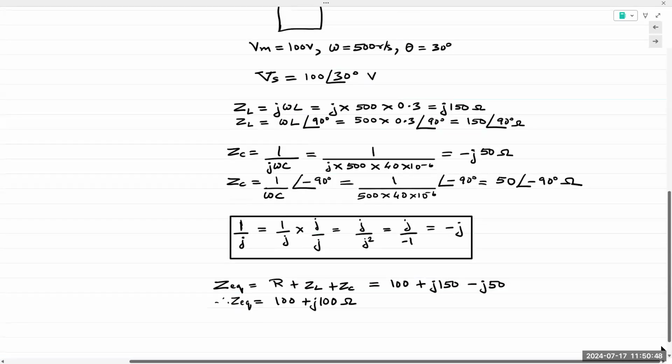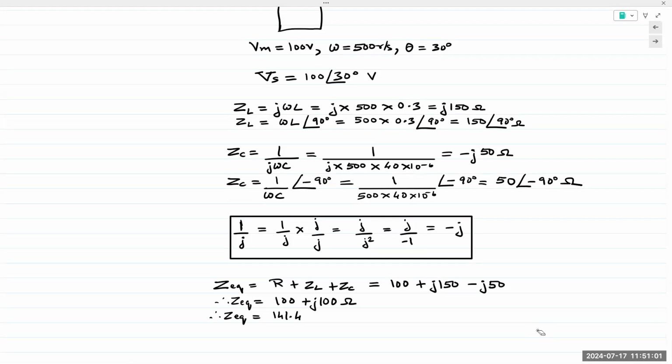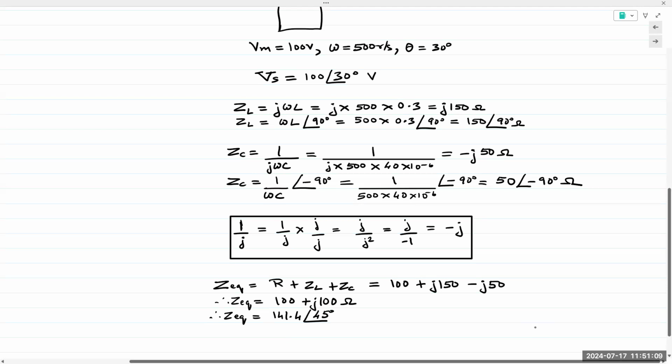At the same time, I will also write out the value in polar coordinates: 141.4 with an angle of 45 degrees ohms.